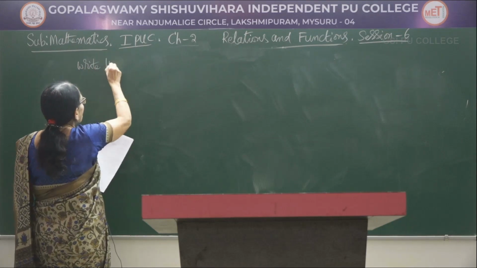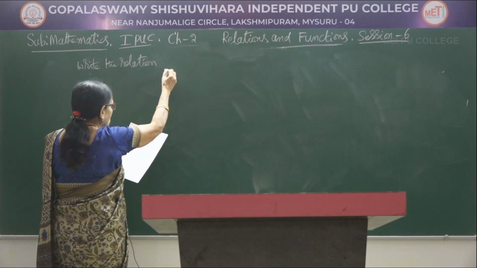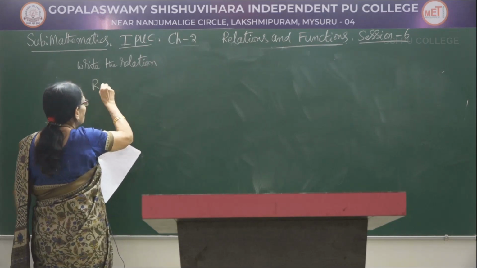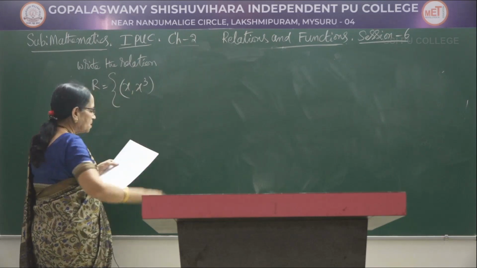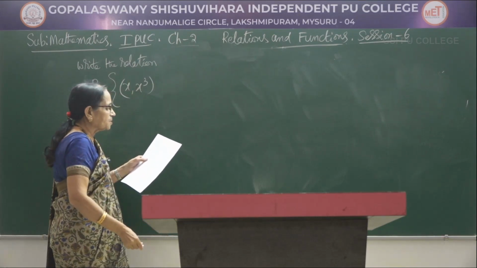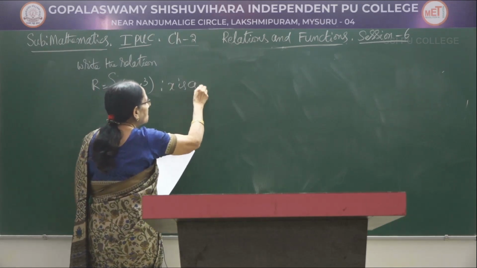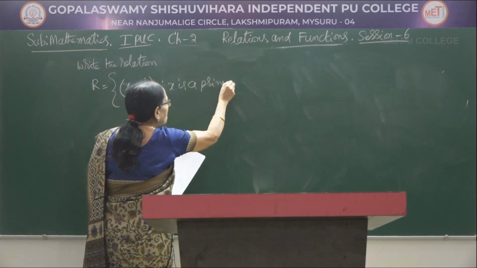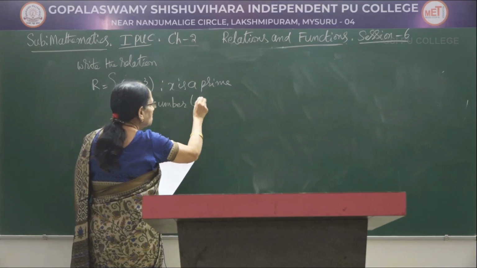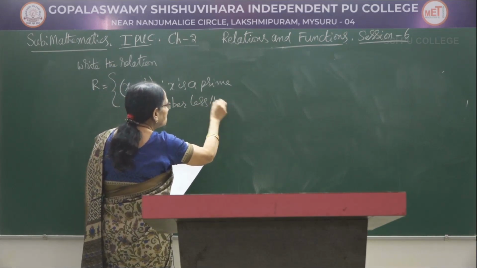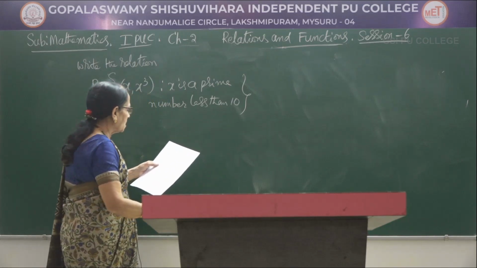Now, write the relation like this, containing the ordered pairs (x, x cube) such that x is a prime number less than 10.